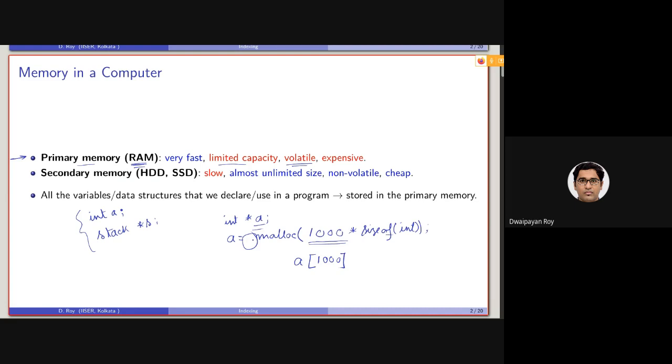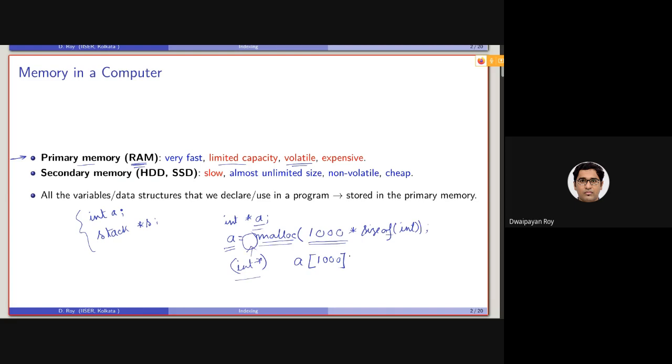I guess you remember, because malloc is returning a void pointer. A void pointer can be assigned to a pointer of the type into which it is being assigned. So int star is not necessary here, but for the sake of completeness, you can put that here as well.